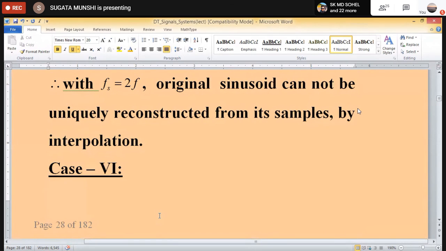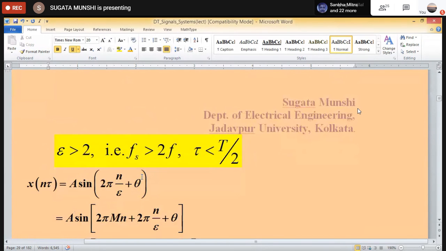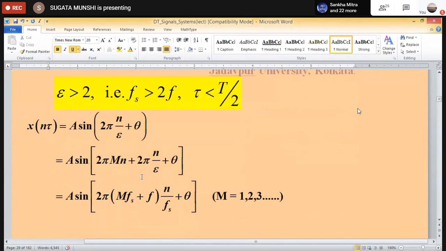But there, lower frequency sinusoids as well as higher frequency sinusoids. But for fs greater than twice f, only higher frequency sinusoids having frequency greater than f. Therefore, in such a case, the original analog signal will be uniquely recovered.